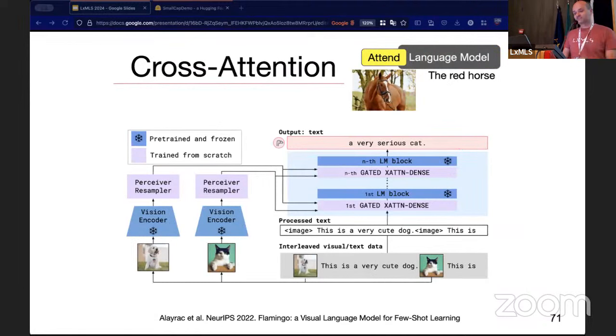More recently, we have seen models using things like learned cross-attention. I think one of the first examples I can say of this is the Flamingo approach by DeepMind, where the model has a large language model, which is a decoder-only autoregressive language model. And the model was trained with interleaved image text pairs, as shown on the side here.